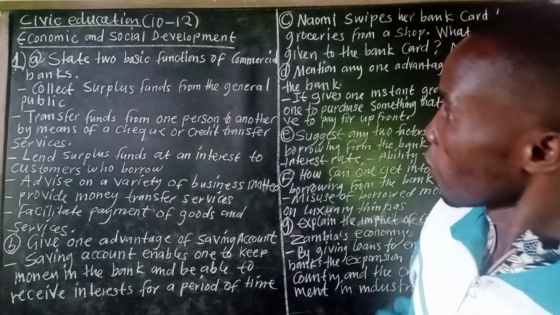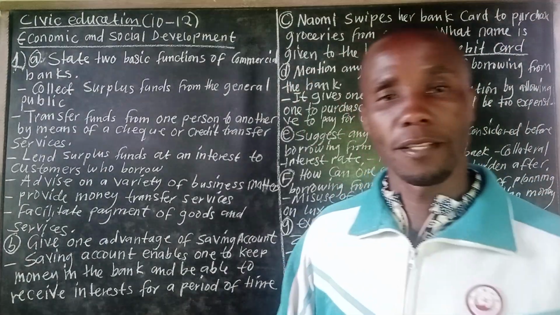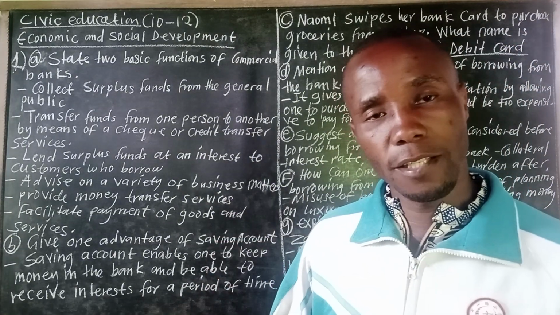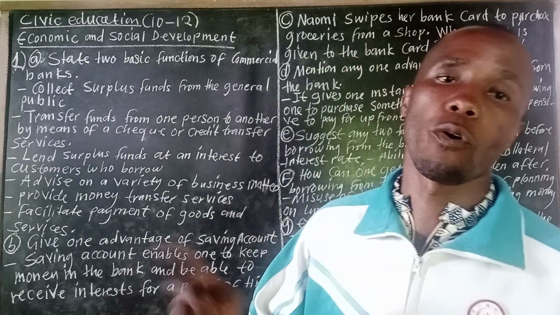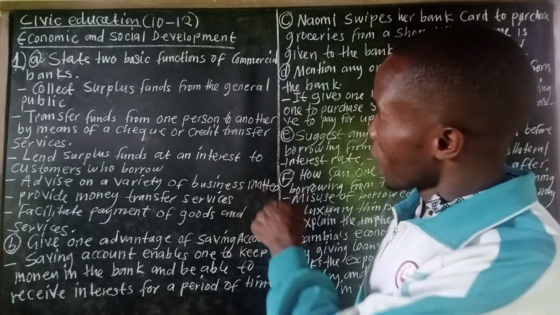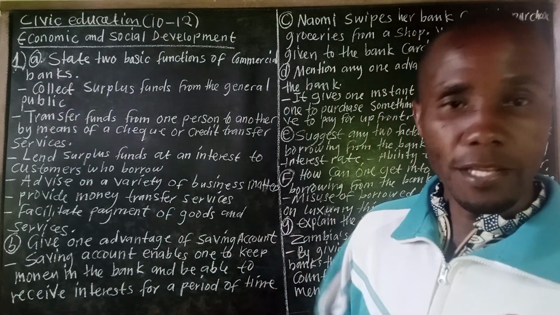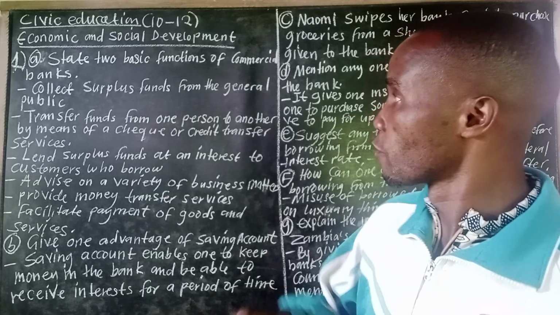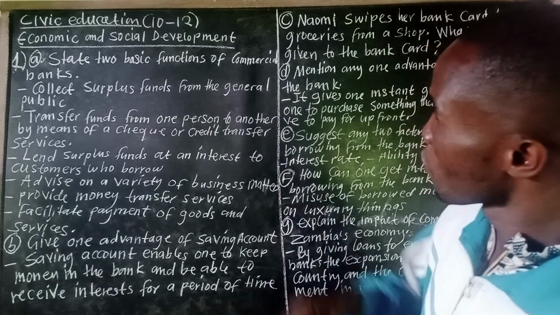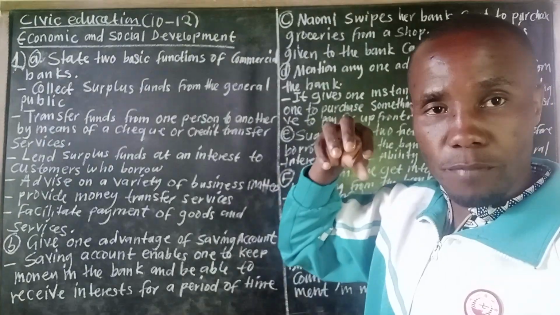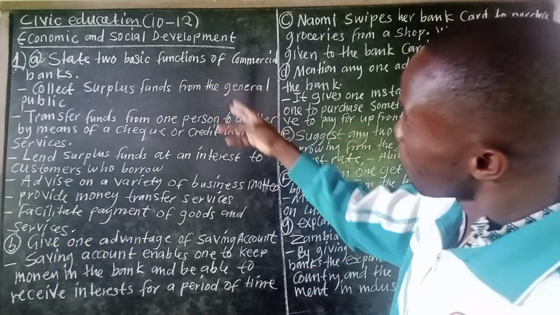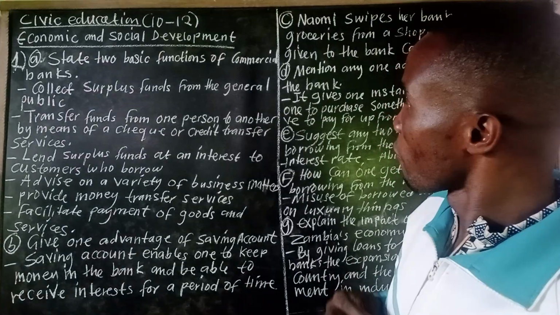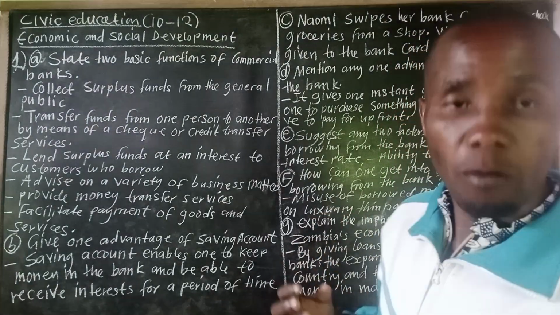Each time you want to withdraw your money, there is a charge, whether you are using a credit card or a debit card, or you go inside and withdraw. A certain amount will be deducted from the money that you have kept in the bank. That money which is being deducted by the bank is called surplus. So they are getting surplus from you as one of the general members of the public.